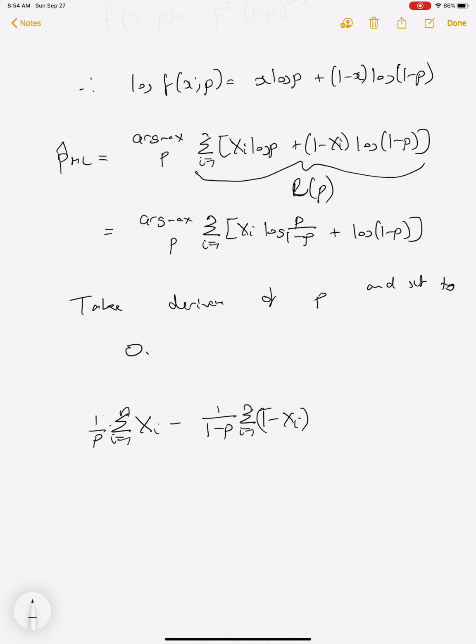Yeah, I think that's correct. So this thing should be equal to 0.